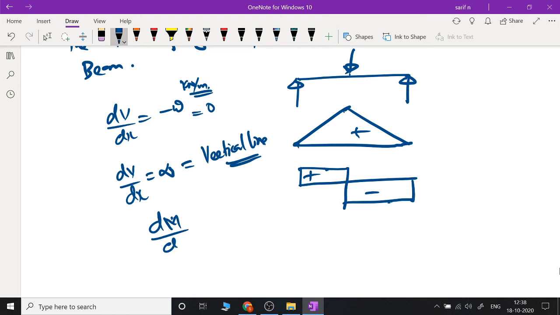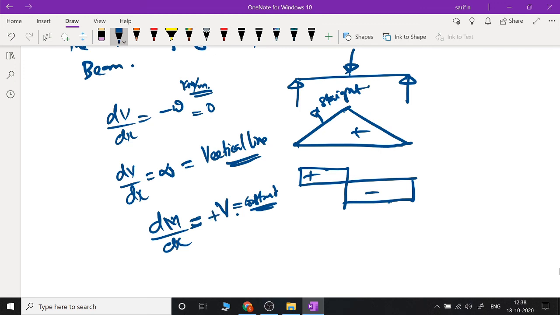dM by dx is equal to V. Okay, dM by dx is equal to V. So if you look, the shear force is having a constant value from here to here. So the slope is constant, and when the slope is constant, it is going to be a straight line. Also, the slope is positive here.